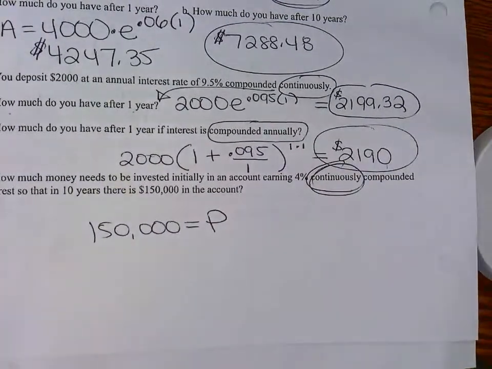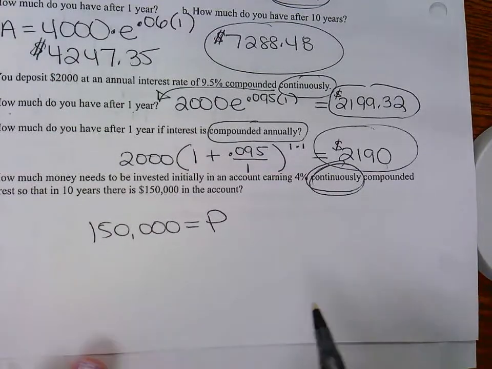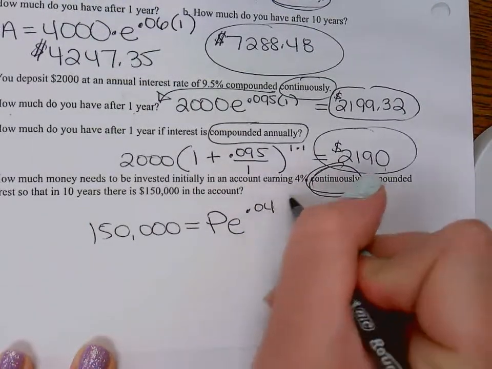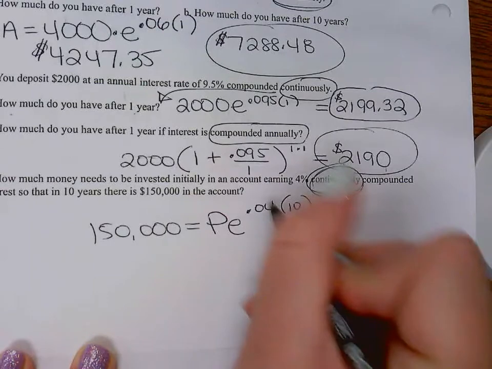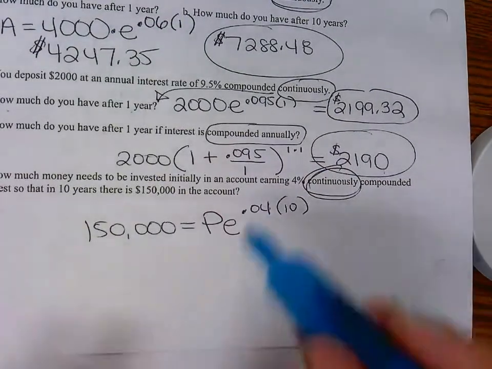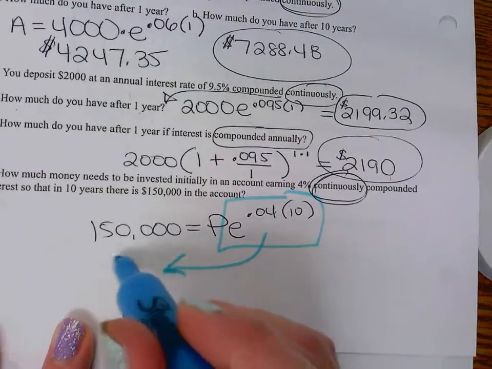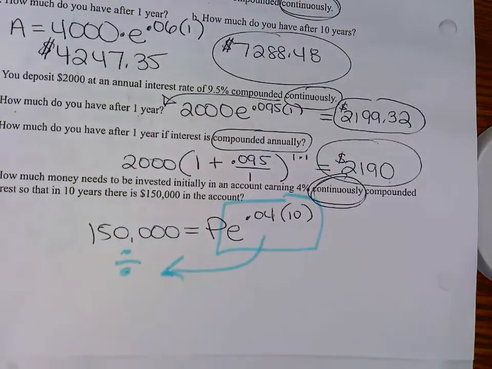So that tells you which formula you should be using. And remember, you are going to calculate this amount on your calculator and then divide that amount to the other side to get P by itself.